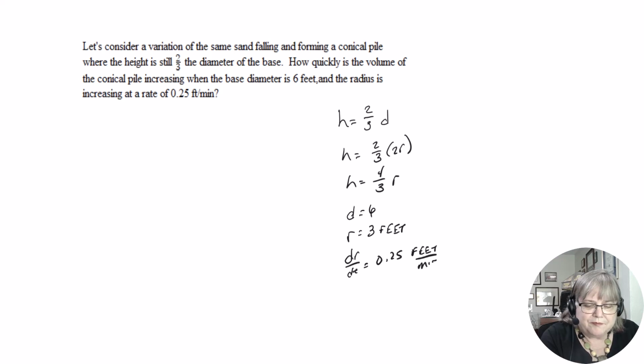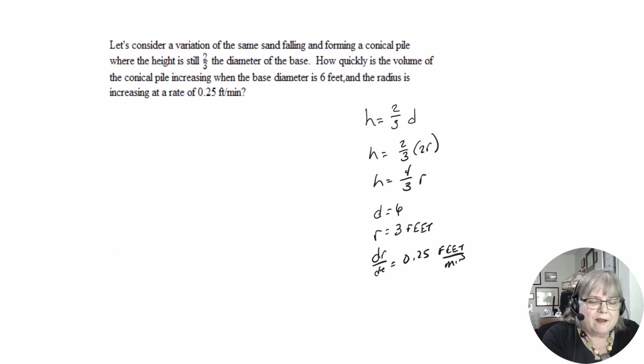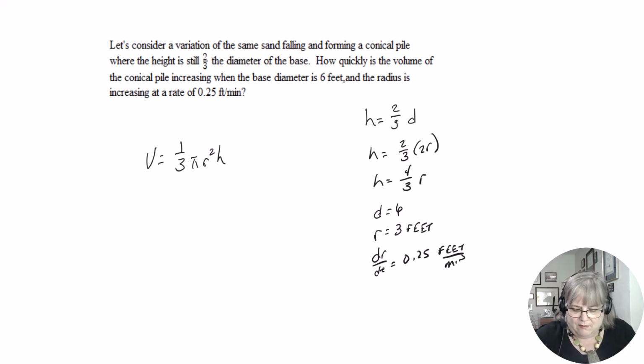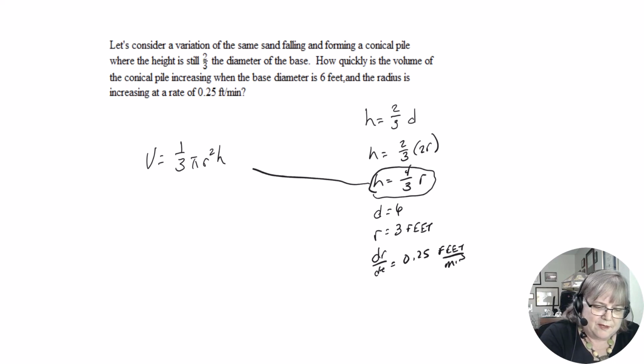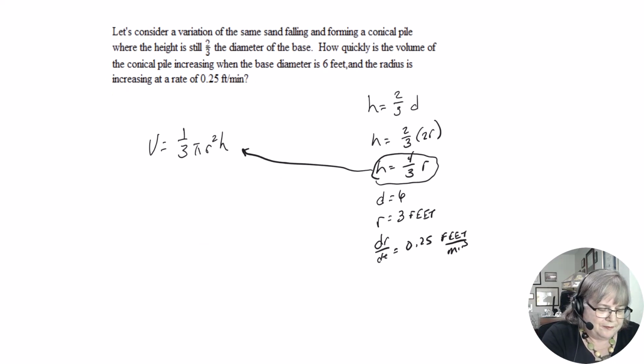Okay, now again, this is a volume, so the volume is 1/3 pi r squared h. Now, if you want to, you can walk through the same math that we did before, where we said h is equal to 4/3 r. Substituted it in right there.